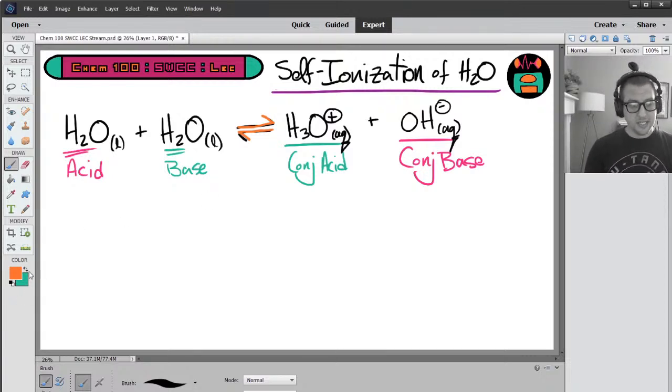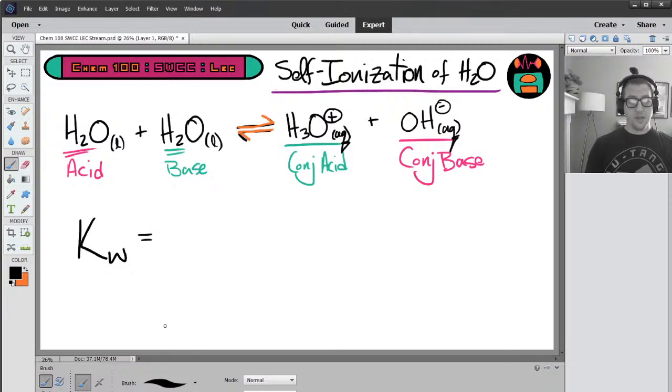This equilibrium constant gets a special label. This is called Kw, because it is the equilibrium constant for the ionization of water, so Kw.